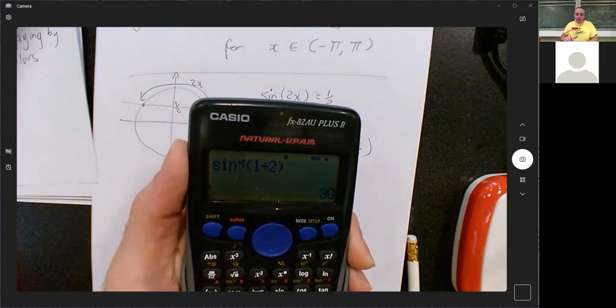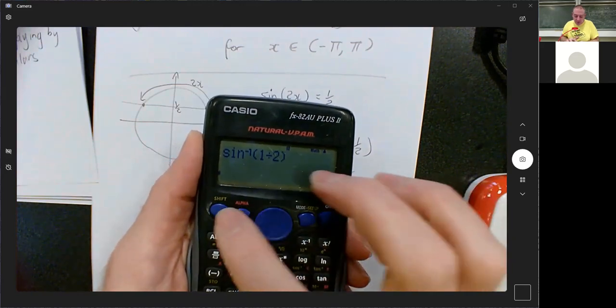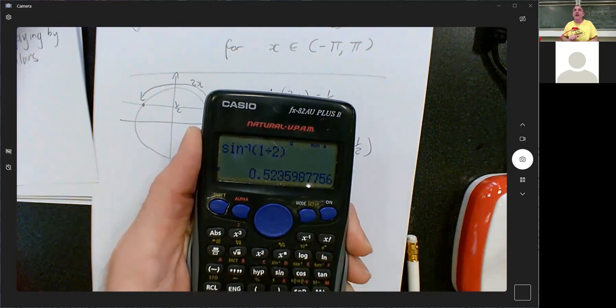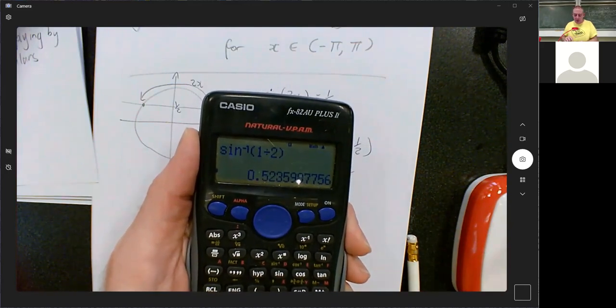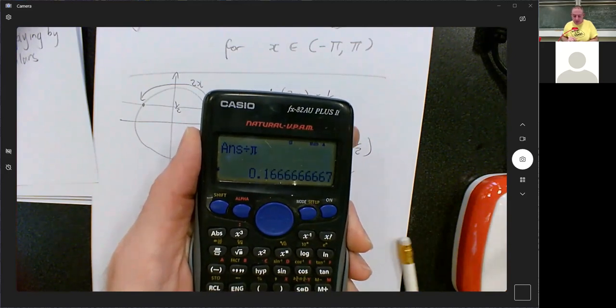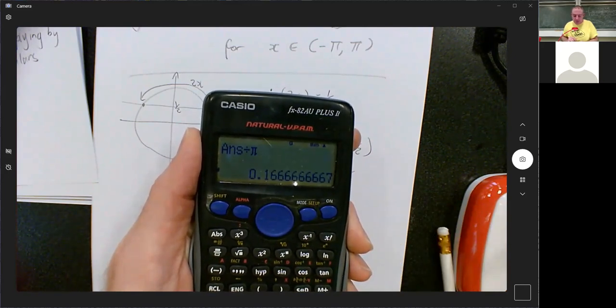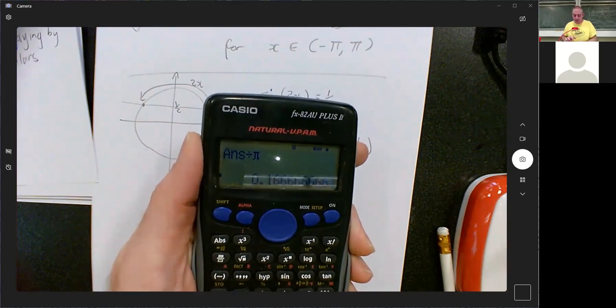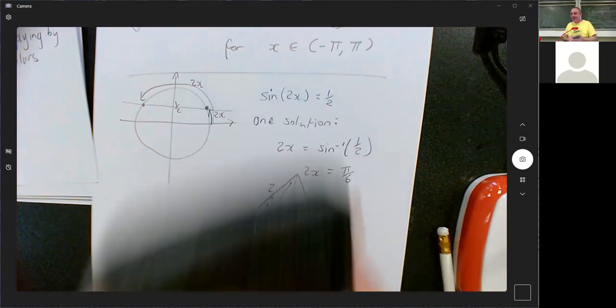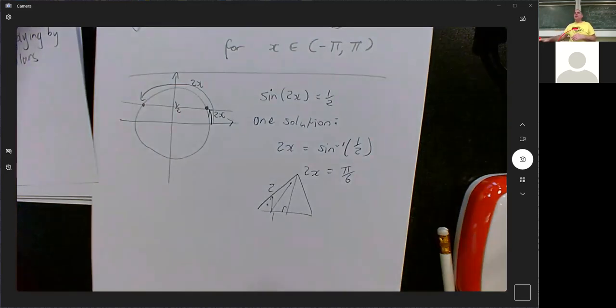Awesome. But if you had it in radians, which is probably a good idea, it gives you this answer. If you want to know what fraction of pi it is, divide it by pi. That's a 1/6, isn't it? Yeah, okay. That is a 1/6. Cool. If it had been 0.333333, I would have known it was a third.